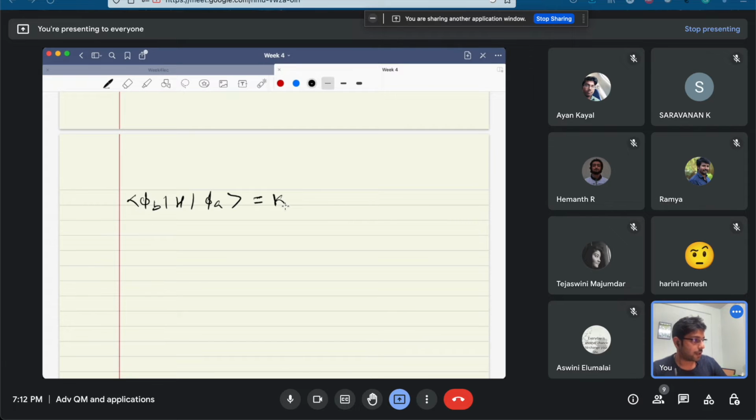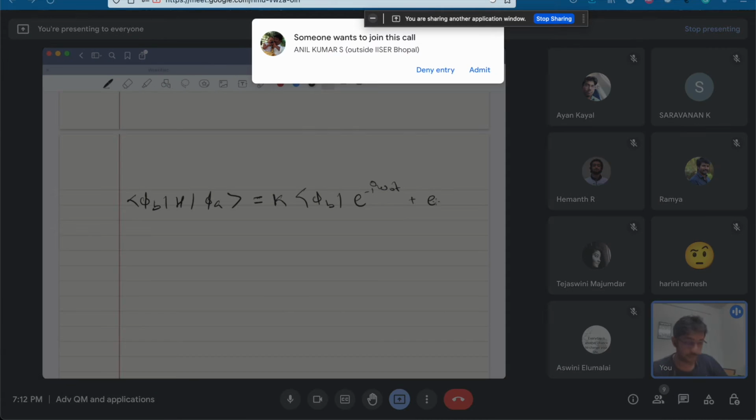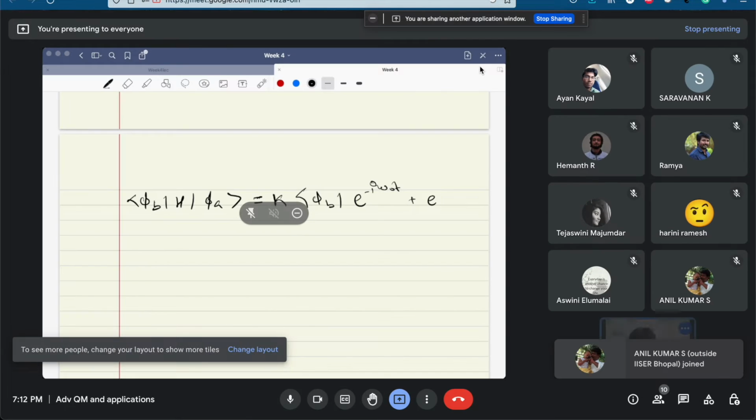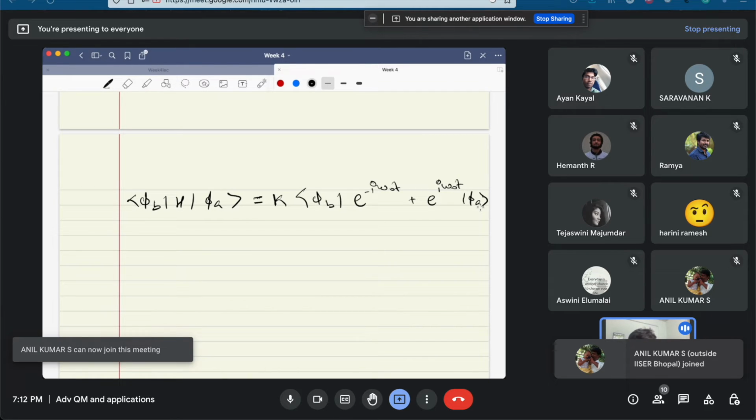Okay, now what you are left with here is phi b, e to the power minus i omega naught t, plus e to the power i omega naught t, phi a.